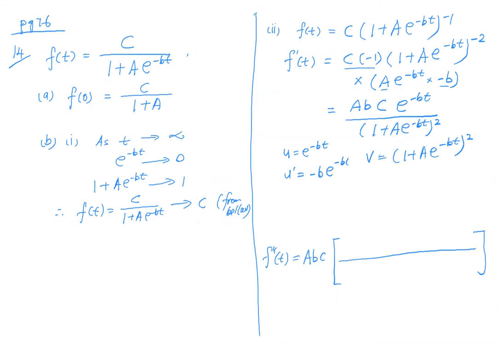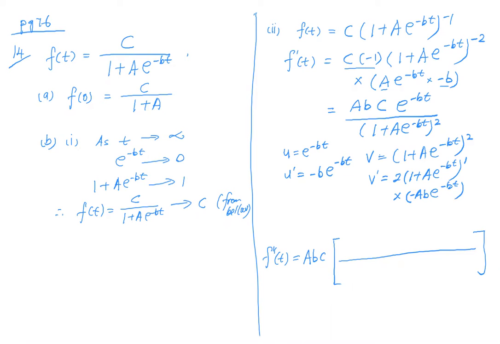Your v prime t is 2, copy down the whole thing, power 1, then multiply by negative ab e to the power negative bt.